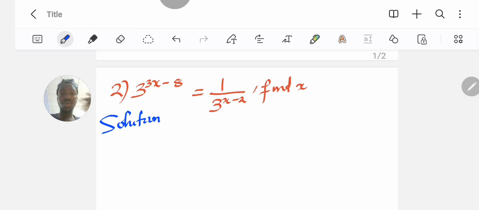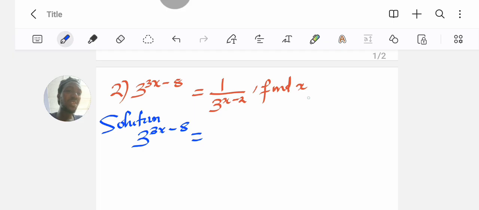Okay, so the number 2 question is what we have here. We've been asked to find x once again. The left hand side is pretty much easy, there is nothing to do to it. But for the right hand side, let me establish something. It's going to help us to be fast in solving some questions.